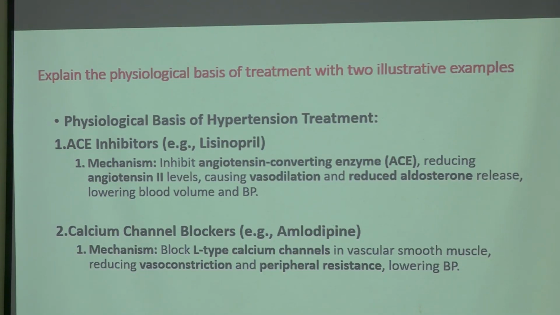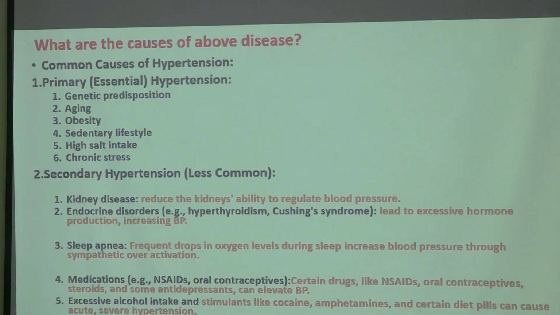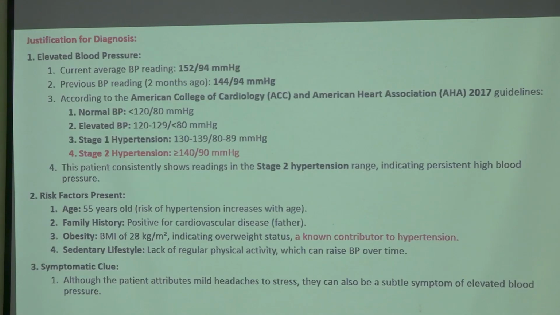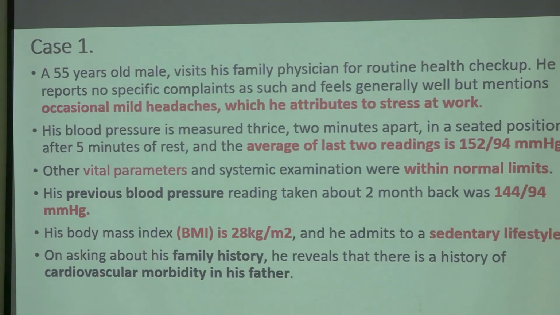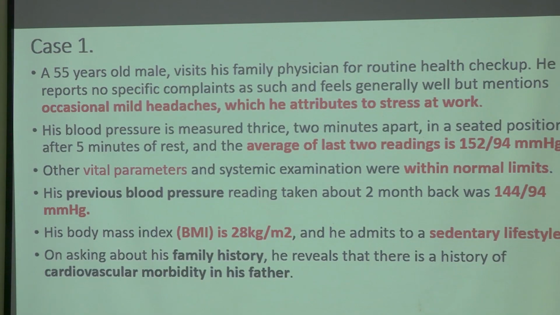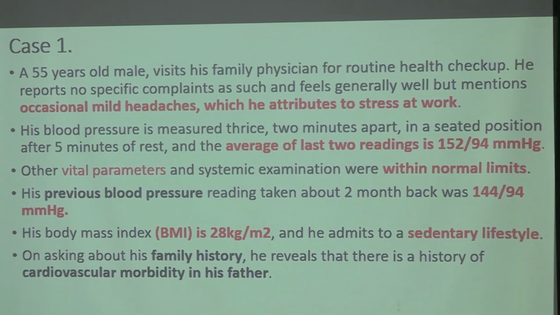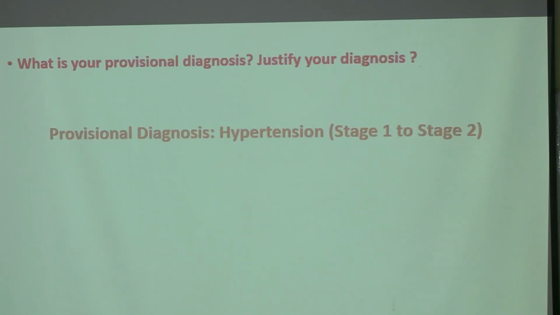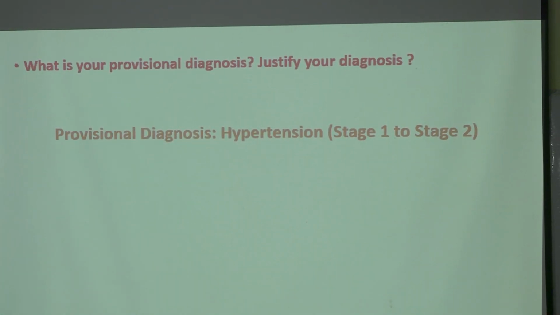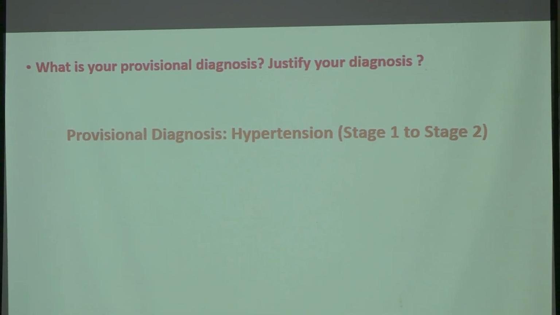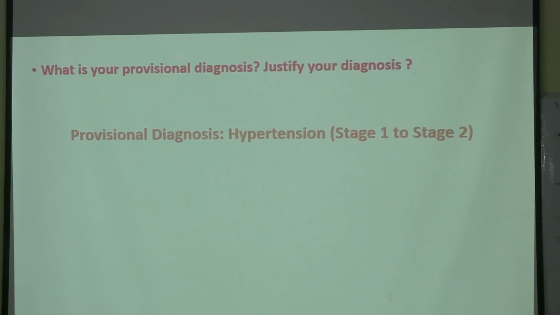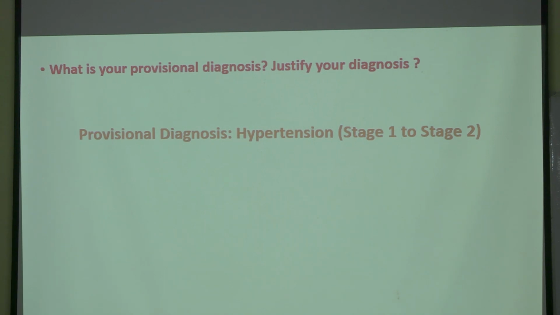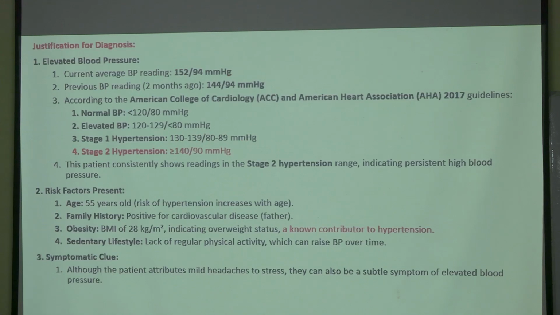So in this particular case, let me brief again. In this first case, all the necessary information is given. Based on the necessary information, the person is diagnosed with stage 1 hypertension, right? And after the diagnosis, we justified the possible diagnosis, right?